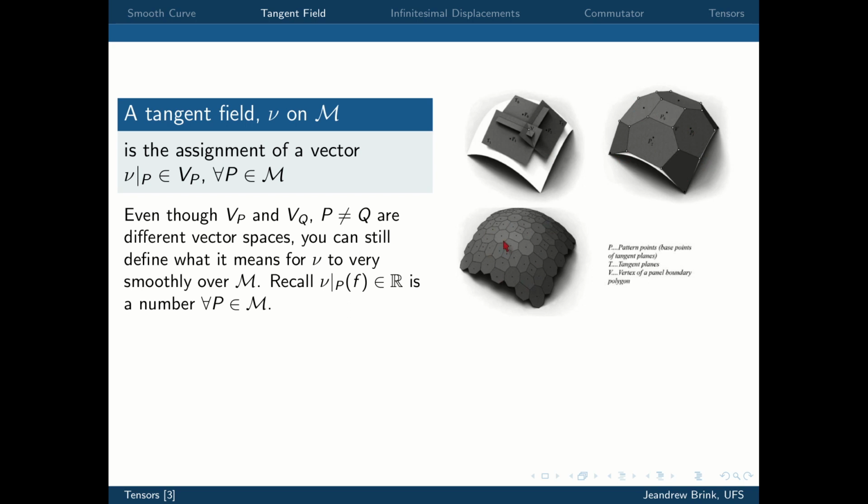Our requirement is that the output of the vector at this point, when you compare it to the output of the vector at that point, varies smoothly. In other words, there are no jumps in it. And if we can get a collection of vectors that basically gives us that, then we have a smooth tangent space. So it's a very abstract idea, but this picture basically illustrates what we are trying to do.